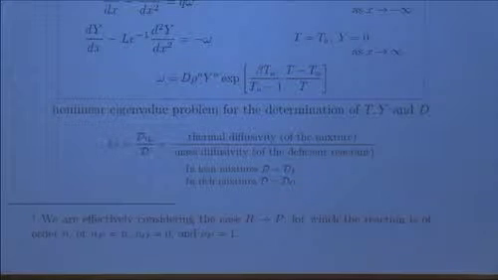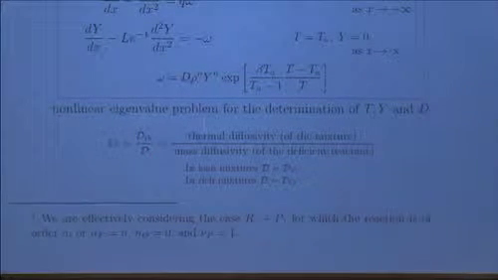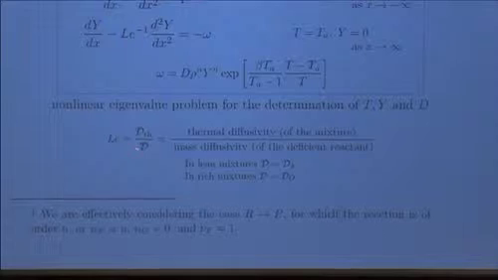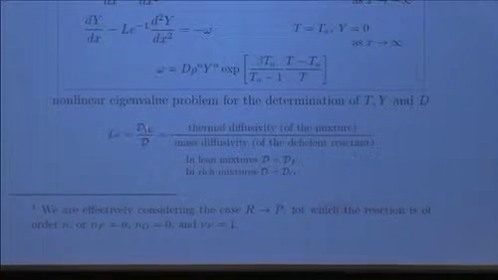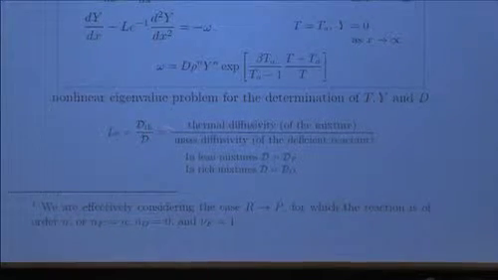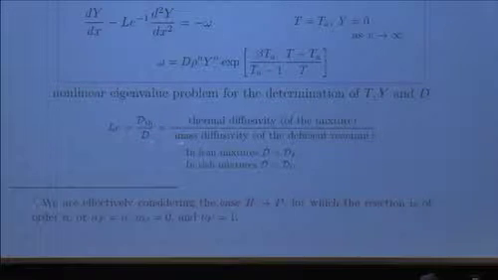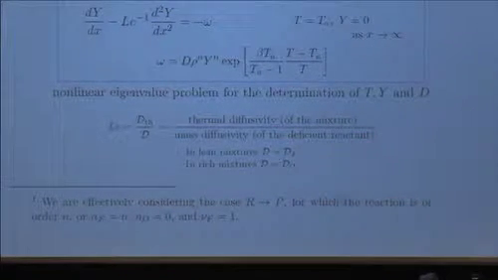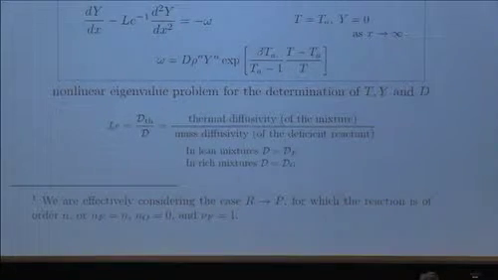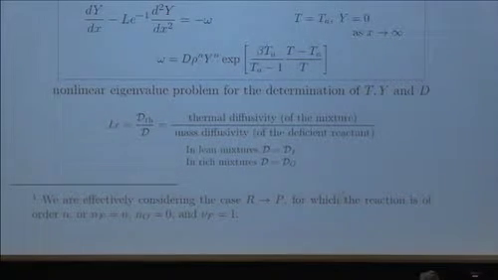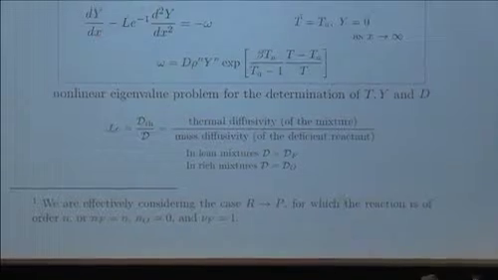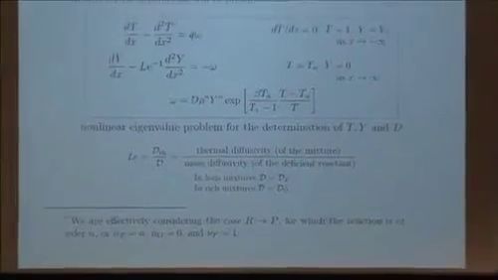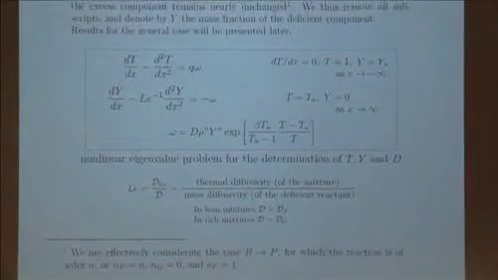Okay. So the main point to make, though, is that the Lewis number here should be carefully interpreted. It should be the thermal diffusivity of the mixture divided by the mass diffusivity of the deficient reactant, right? Because in writing the equation in this form, Y is the reactant which is the least in the mixture, and so the Lewis number will be the Lewis number corresponding to that.